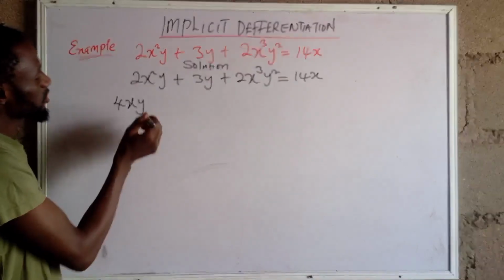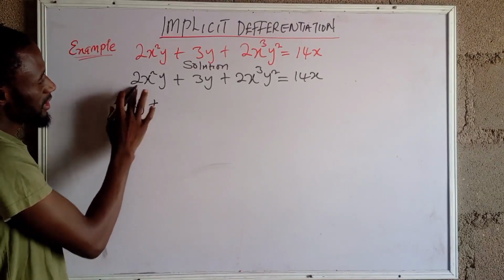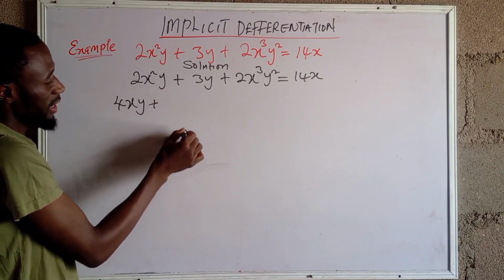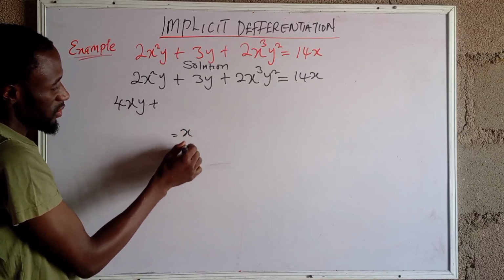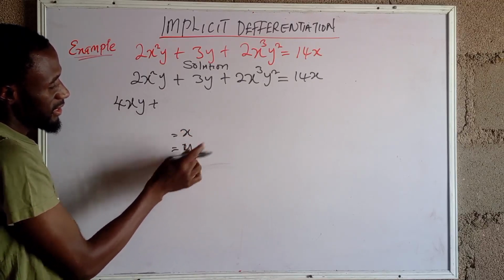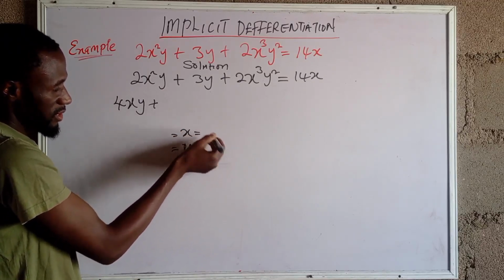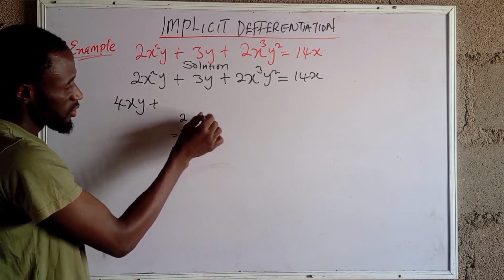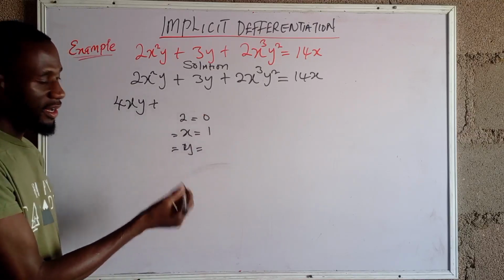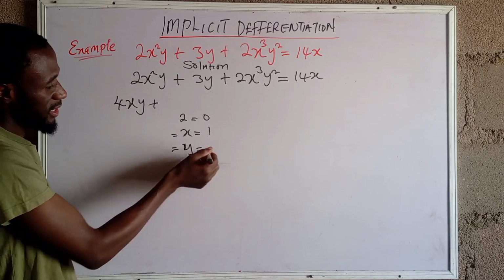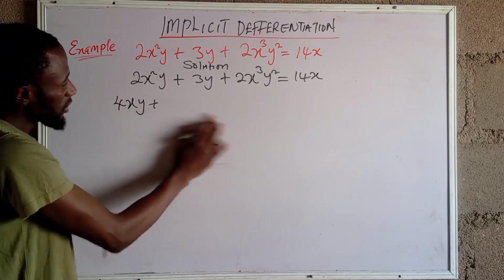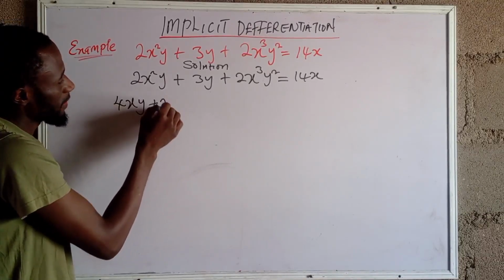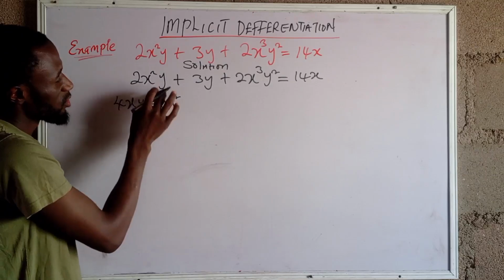Then next, plus. Now we are going to differentiate y. If you differentiate x or y, it will be 1, unlike a constant, where if you differentiate 2 or any number, it will be 0. Now if you differentiate y, it will be 1.